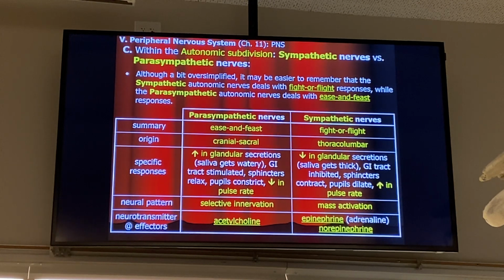Where do they originate? That's why it's origin. Everybody got that for the second row? One more time: origin means where do the blue preganglionic axons come out of the CNS?